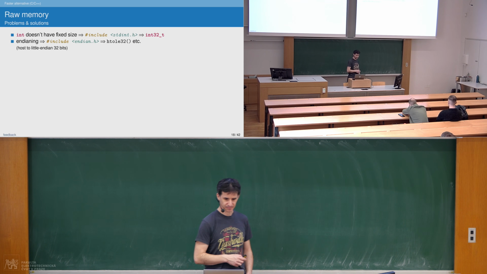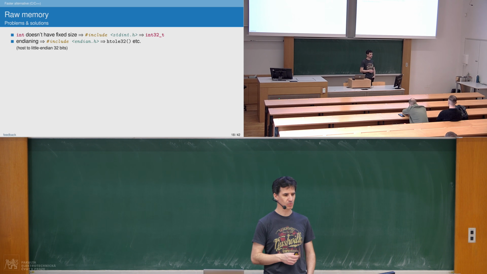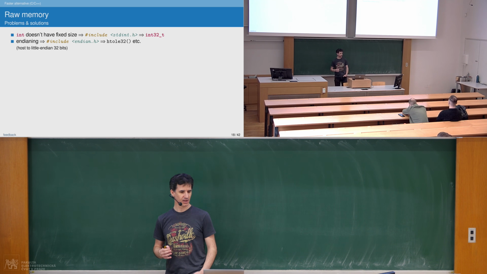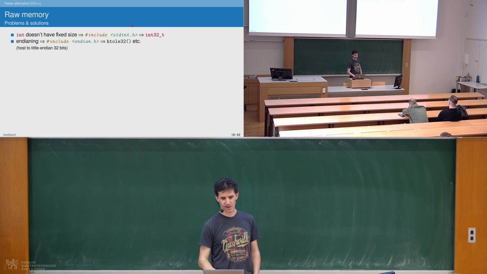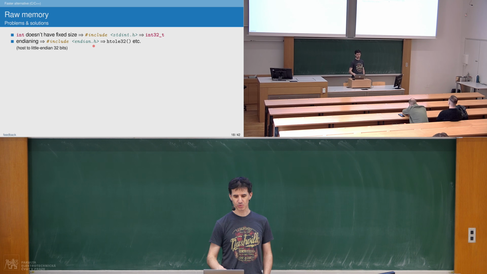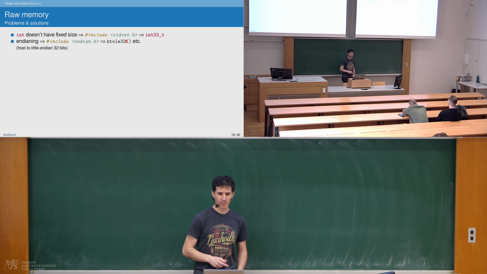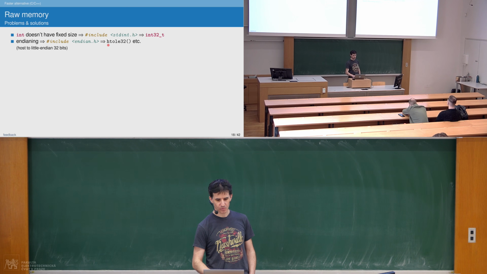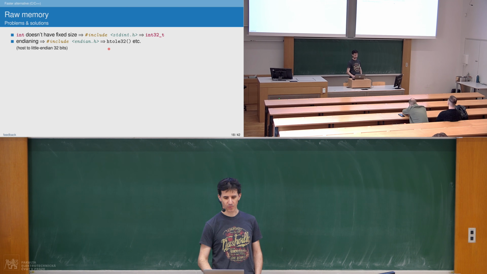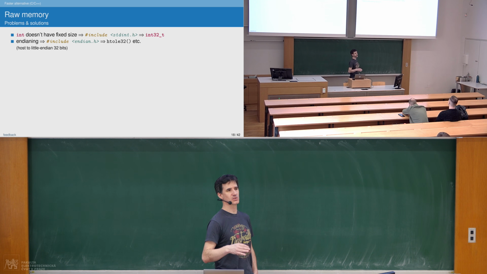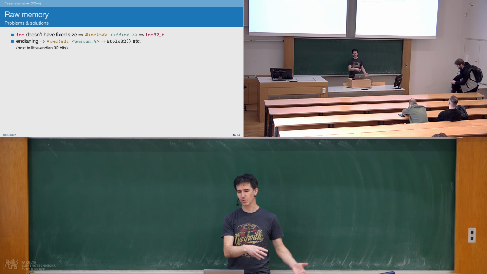That's simple. If you want to be compatible between different endianness, there is a header file called endian.h. You can use functions from that header. For example, htole32, which is an acronym for host to little endian 32 encoding, and this function converts the data from host encoding to little endian.